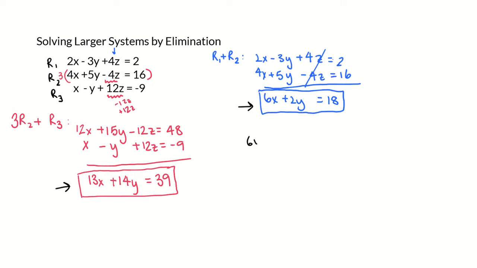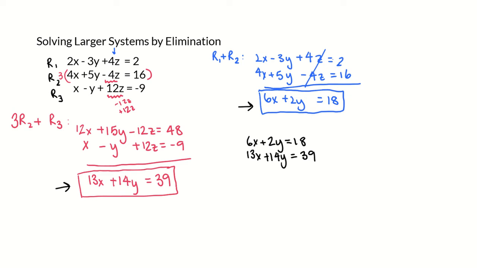So our new part of this system is just 6x plus 2y equals 18, and 13x plus 14y equals 39. And now from this new part of the system, we want to try to eliminate either x or y. And looking at how the variables are lining up, it would be easier to eliminate y because 6 and 13 for the x's are not multiples of each other.